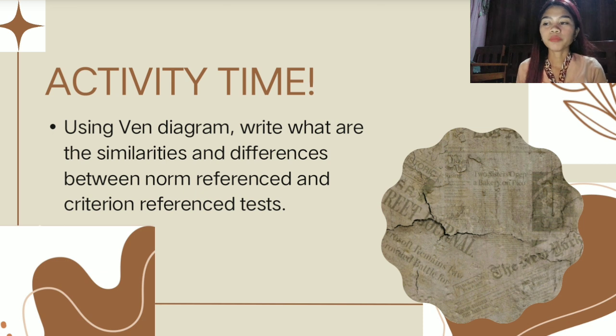At the end of our topic, together with Miss Traya, you are going to create the checklist with your peers. But now you need to do this activity using a Venn diagram.